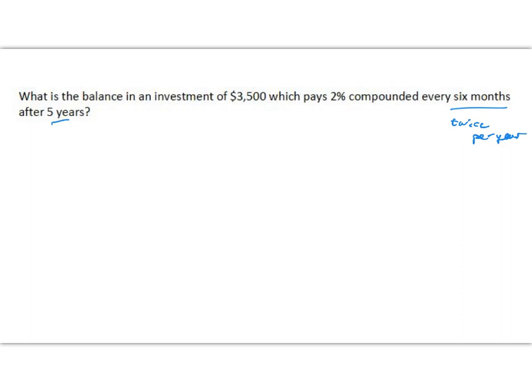Okay, so let's see if we can get the setup correct here one more time. Our P is 3,500 once again there, and our rate is 0.02, but since I'm compounding twice per year, that's going to be a big thing there. I have to take this and divide it by 2 in order to make it work.